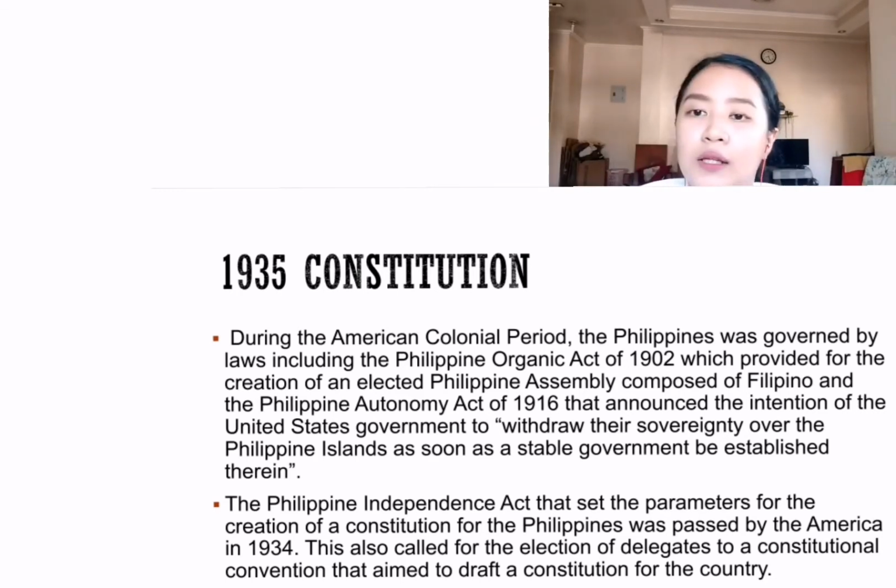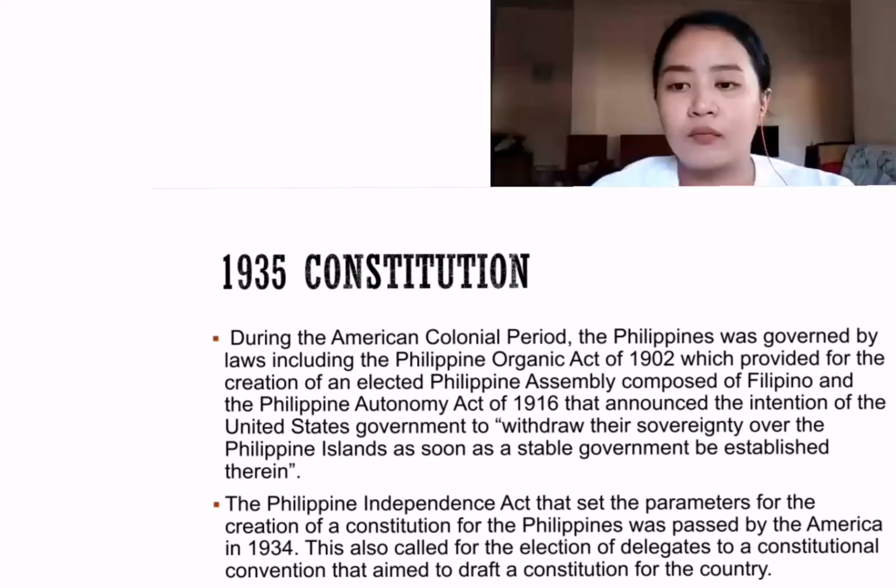Parang tatanggalin na nila yung connection, or bibigyan na nila yung freedom sa Philippine government as soon as the Philippines will have a stable government and establish a better law, a better way of governing our country.